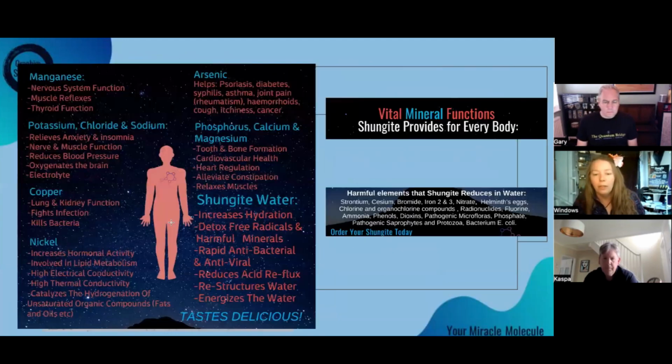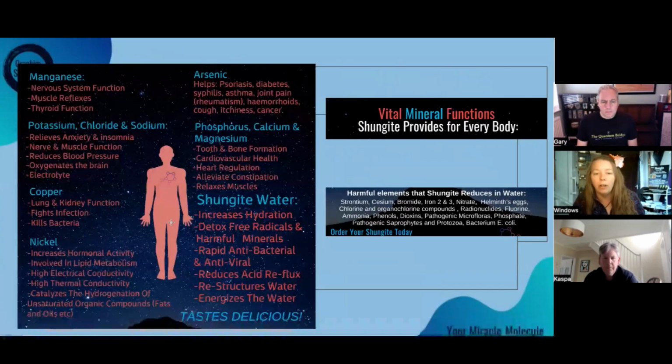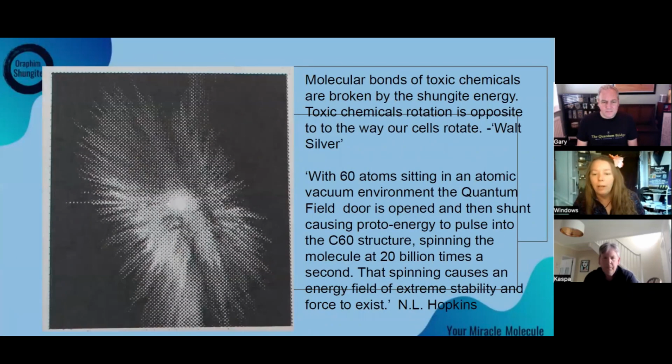Let me just flick through to Nancy. Oh, here we are. This is what Nancy is saying: with 60 atoms sitting in an atomic vacuum environment, the quantum field door is opened and then shut, causing proto-energy to pulse into the C60 structure, spinning the molecule at 20 billion times a second. That spinning causes the field of extreme stability and force to exist.